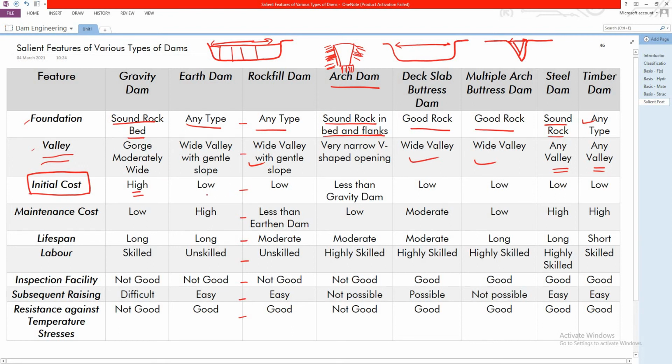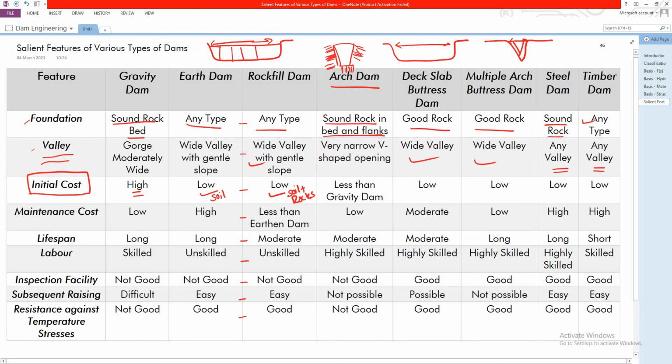See, in case of earthen dam and rock-fill dam, the material being put to construct any earthen dam or rock-fill dam is locally available material. For earthen dam, it is soil, and for rock-fill dam, it is soil plus rocks. Okay, and these are naturally available, locally available materials. That's why the costing here goes low for embankment type dams.